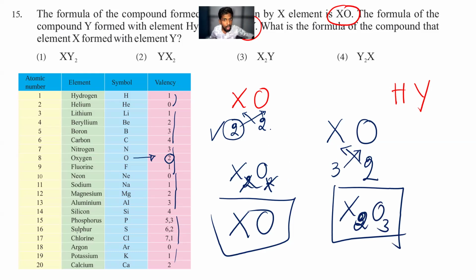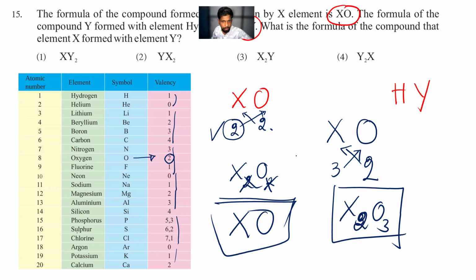You may ask, so how did you confirm that X has valency 2? Just we want to guess here. We have 2. And also for the X, we want to put the 2. Then only what will happen? The 2 and 2 will be cancelled and we will have the final answer XO. So this is the way that I assumed X has the valency 2.